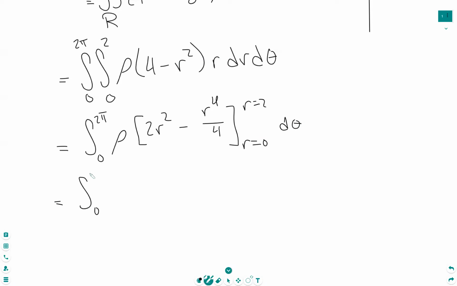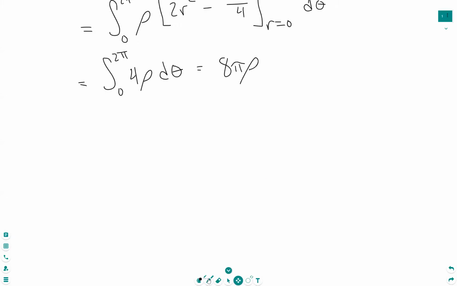This comes out to the integral from 0 to 2 pi of 4 times rho d theta, which ends up giving us 8 pi rho. Okay, so that's our mass.